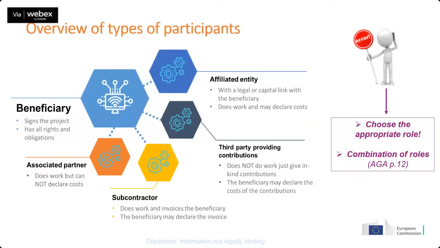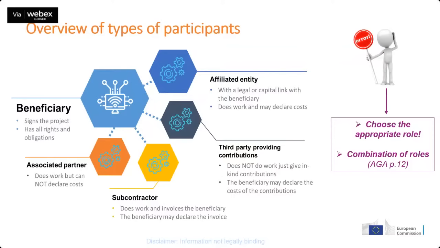But the main message that I want to pass to you is to really choose the appropriate role for the participants in your consortium. This will be key to the successful implementation of your action, and it will allow you to avoid many errors afterwards during implementation.